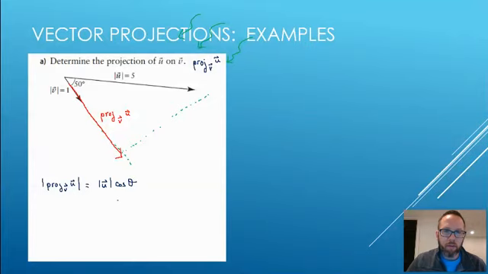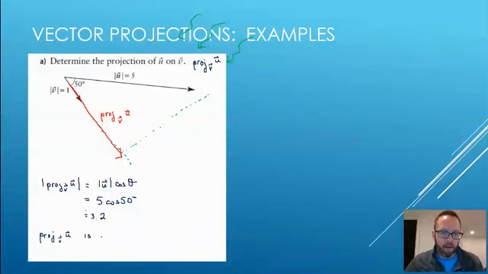It's the size of u times cos theta, which in this case is 5 times cosine of 50 degrees, which is about 3.2 units long. And as far as its direction goes, the projection of u onto v, for now, we can just say is in the same direction as v.